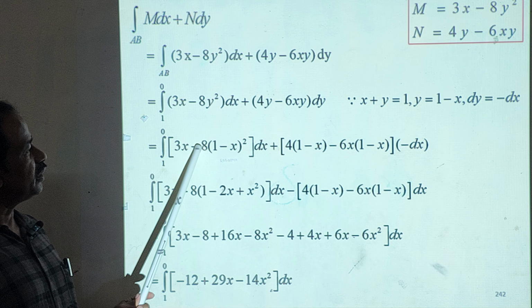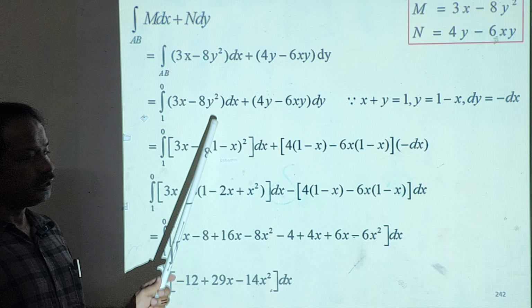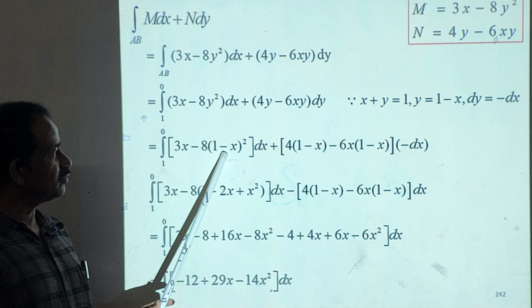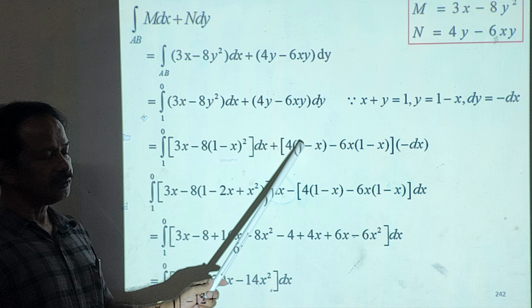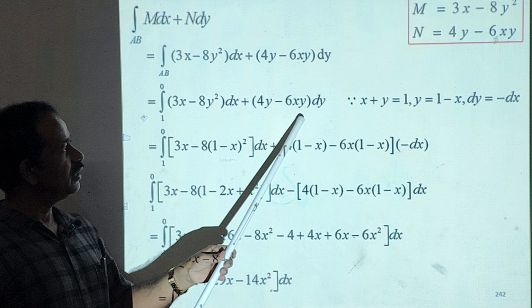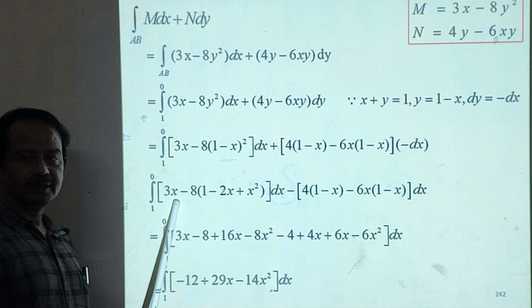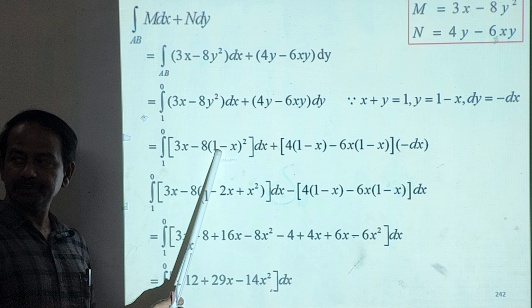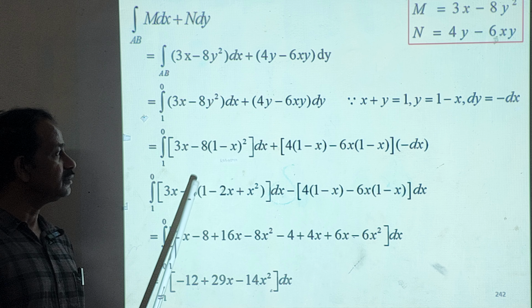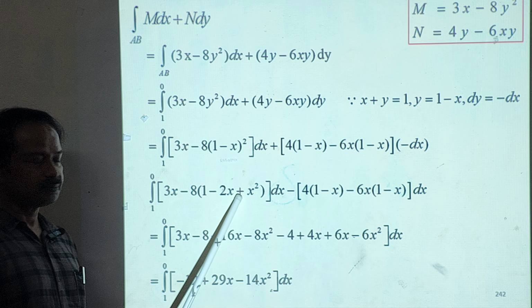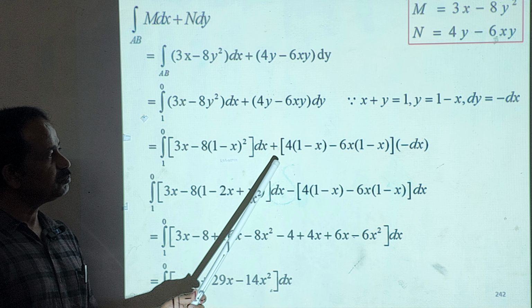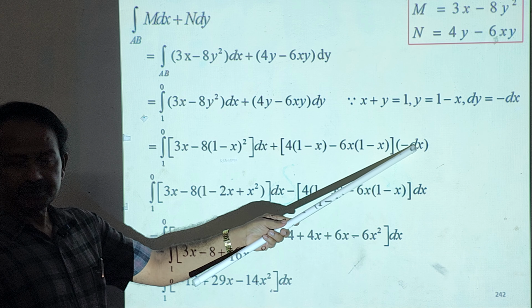So 3x minus 8, instead of y, you substitute 1 minus x whole square, plus 4, instead of y, 1 minus x, and instead of y, 1 minus x. So 3x, and this can be expanded using the a minus b whole square formula. So 8 times 1 minus 2x plus x squared dx, and this must have your minus sign.